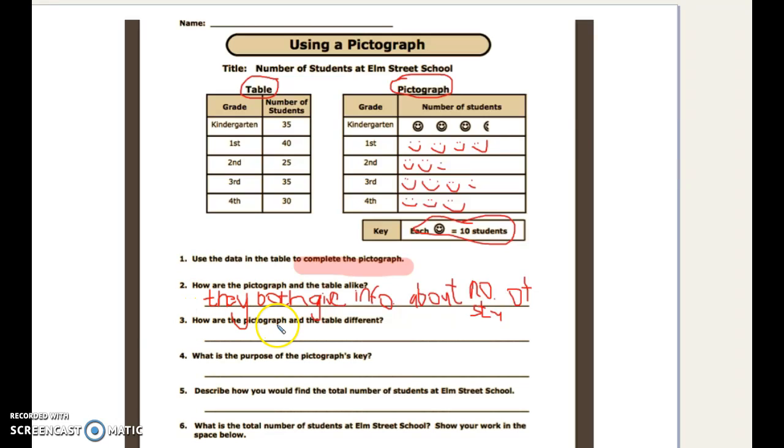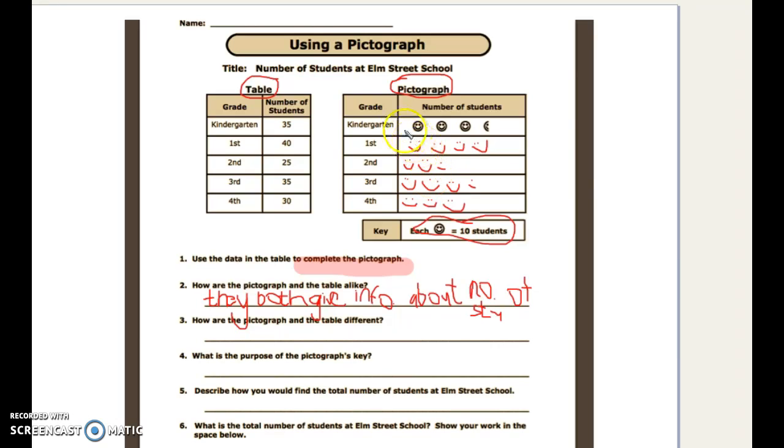How are the pictograph and the table different? Well, let's look at that. The table shows us 2 columns. The first one shows which grade, and the second shows the number of students in each grade.